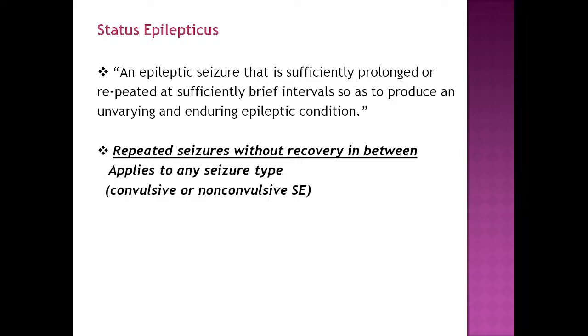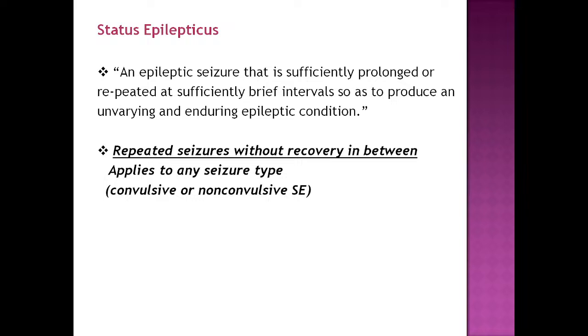Now, is there something missing here in the definition? We are saying that for a sufficiently prolonged time or at sufficiently quick intervals. What is this time? What is considered as a prolonged time? By definition, it is 30 minutes. How many minutes? 30 minutes. But there is a lot of evidence now which says that 30 minutes is impractical.